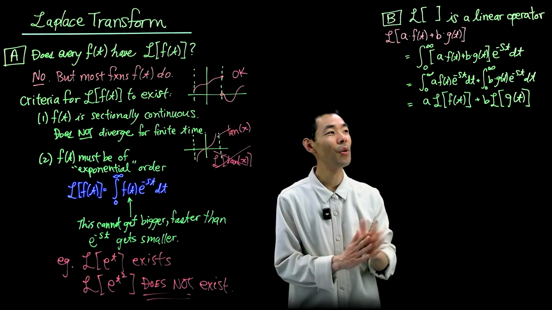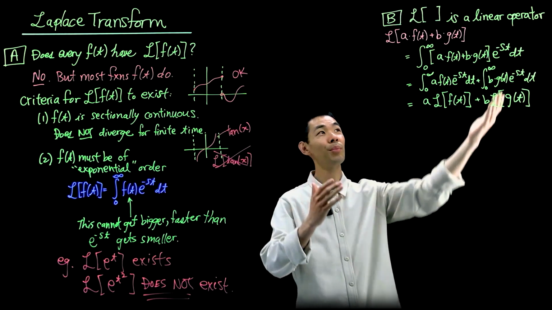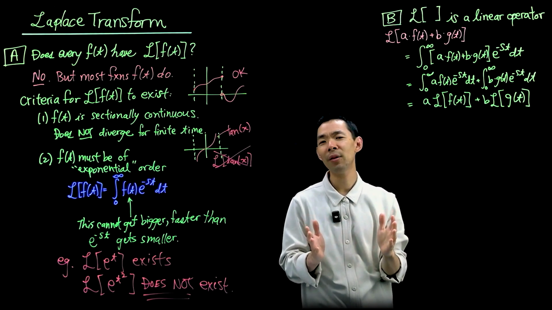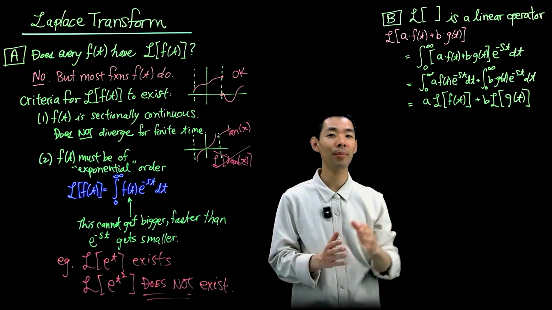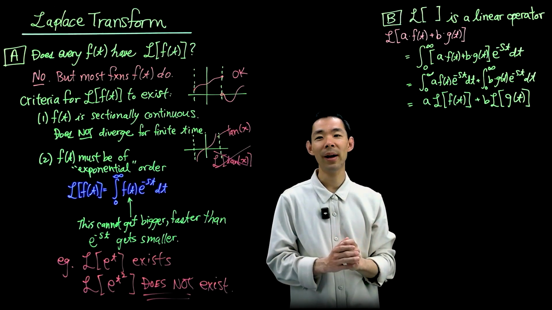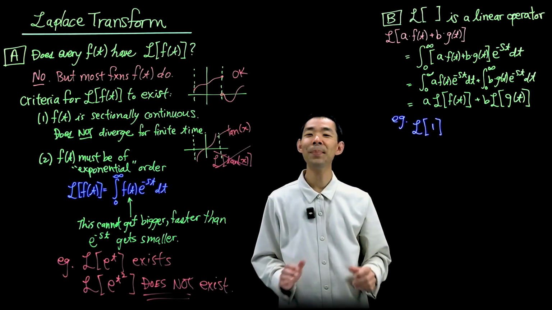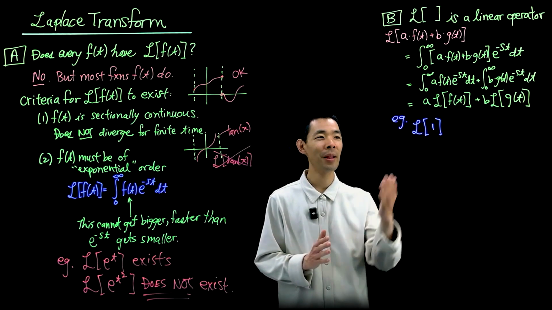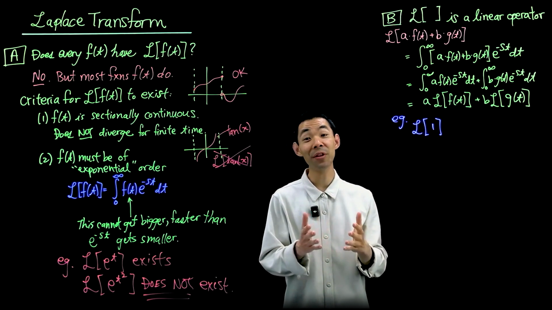Okay, so with this definition and this property in mind, let's evaluate a very simple Laplace transform and actually use this linear operator approach to extend that result by a little bit. So let's do a small example. Suppose I wanted you to evaluate the Laplace transform of 1, the function 1.